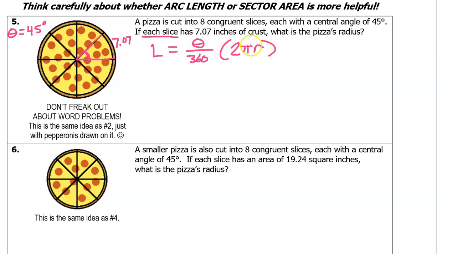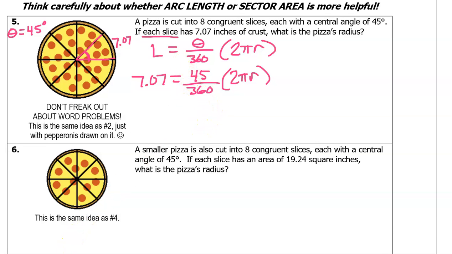So all we need to do is fill in what we know. Well, we know that the arc length is 7.07. So we have 7.07. We know that theta is 45. So we have 45 out of 360 times the circumference, which is 2 pi r. The radius is the only variable, so we should be able to find that no problem.